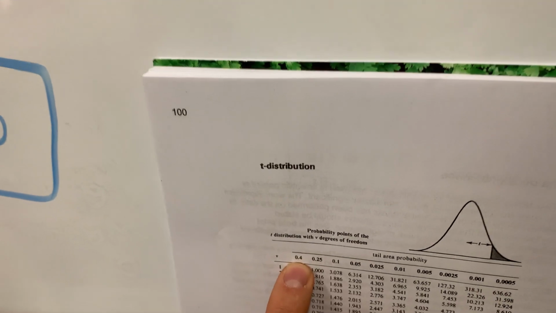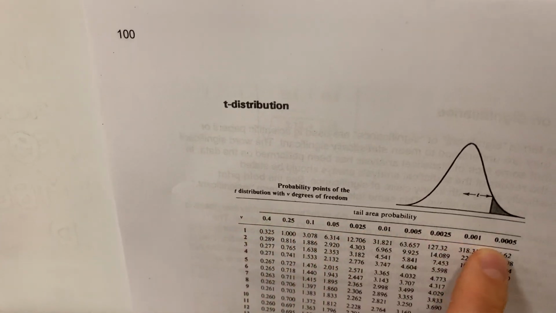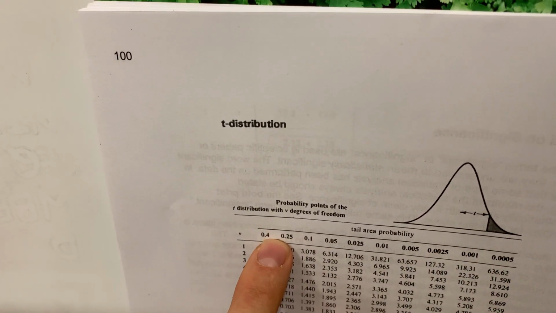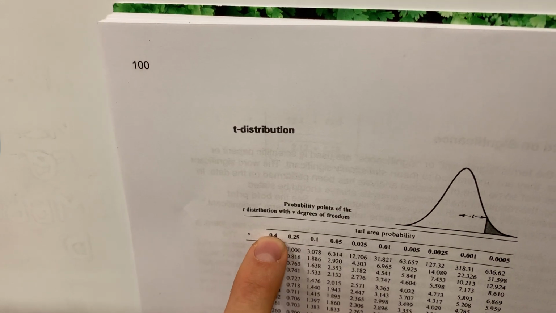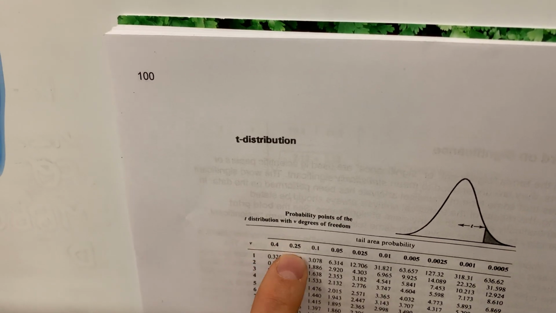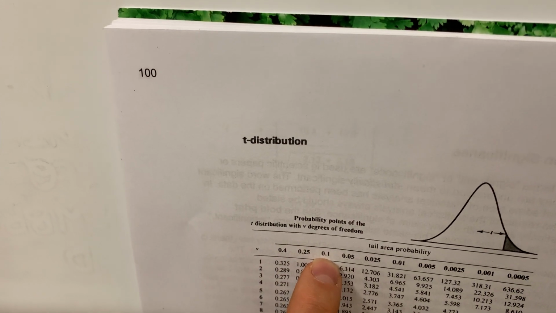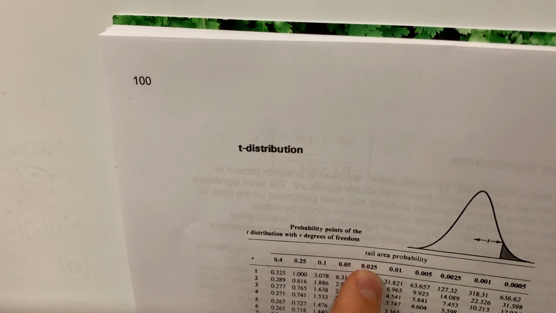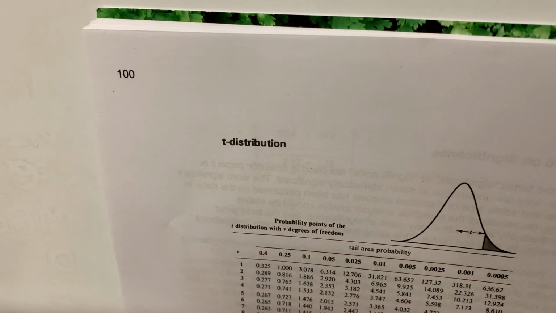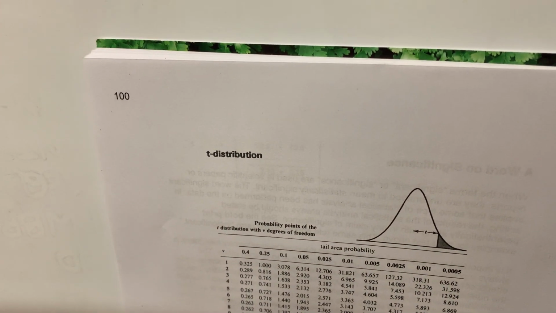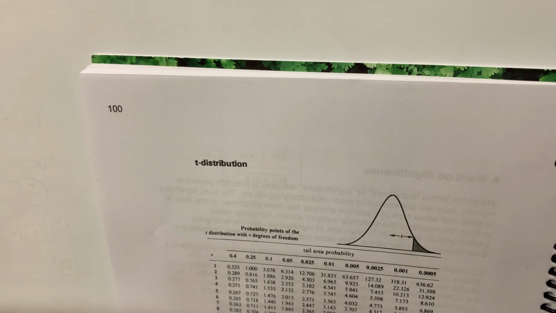So you go back down to these p-value rows in bold here. You have to then double them. 0.4 for a two-tailed hypothesis becomes 0.8, 0.25 becomes 0.50, 0.1 becomes 0.2, then 0.1, 0.05, and so on, okay? And otherwise, you use the chart exactly the same as you would for a one-tailed hypothesis.